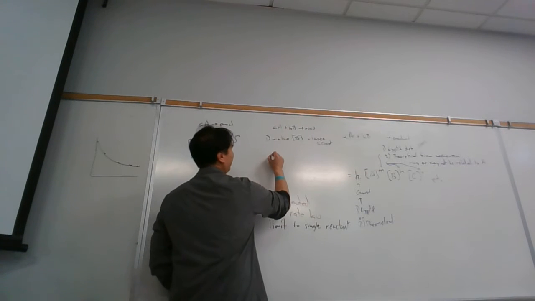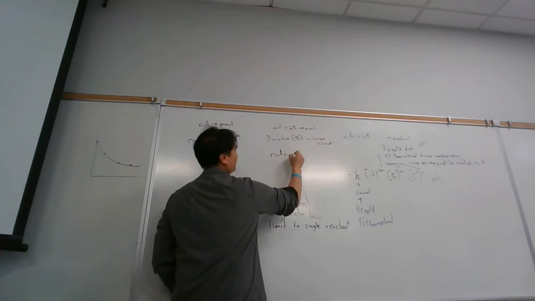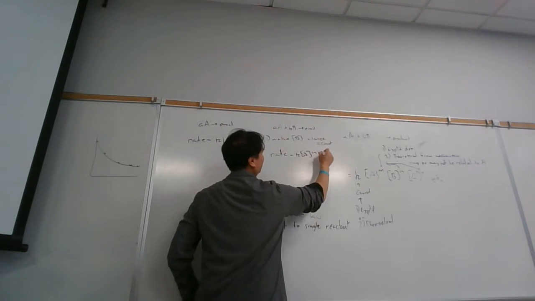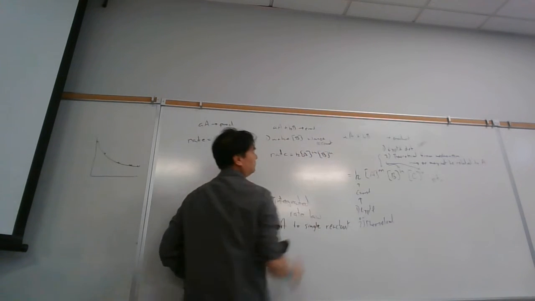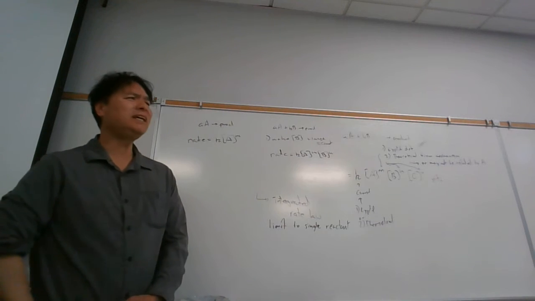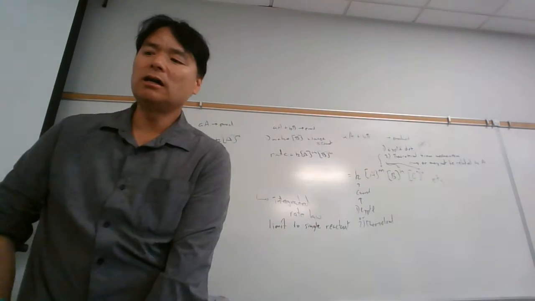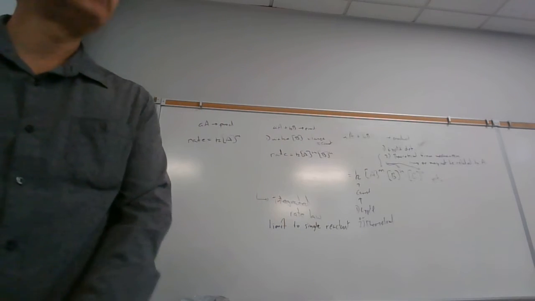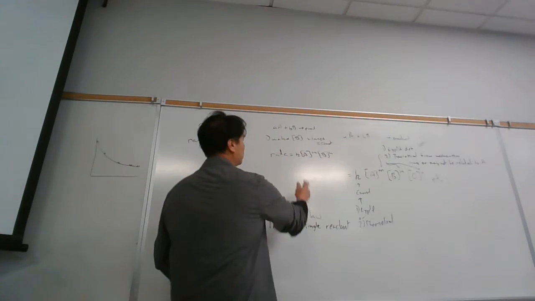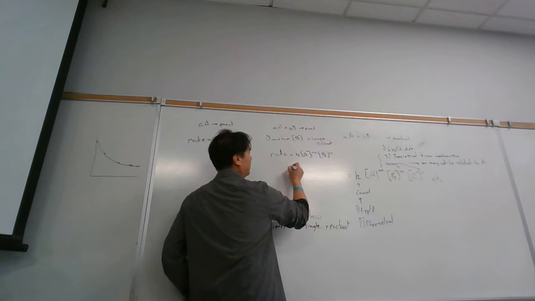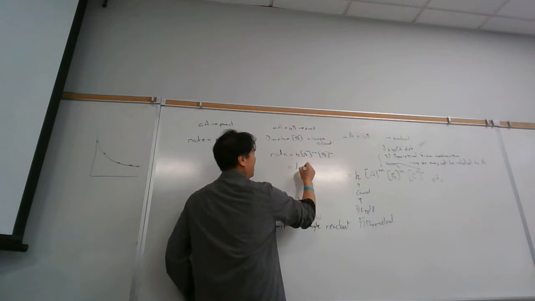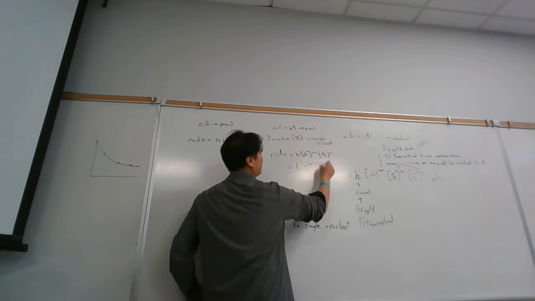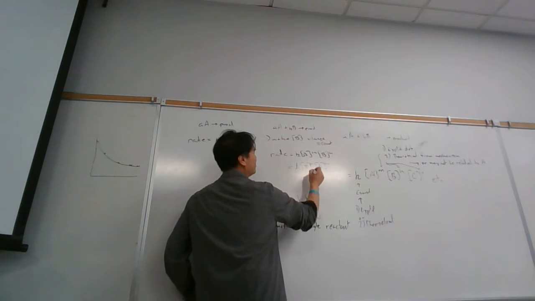And then what happens is the rate law goes like this. The rate is equal to K A to the M, B to the N. And since B is fairly constant, we're just going to treat it as a constant, basically. What we're going to do is wrap that into K. And so we're going to get K, B to the N, A to the M. And then we're going to call this a new constant.